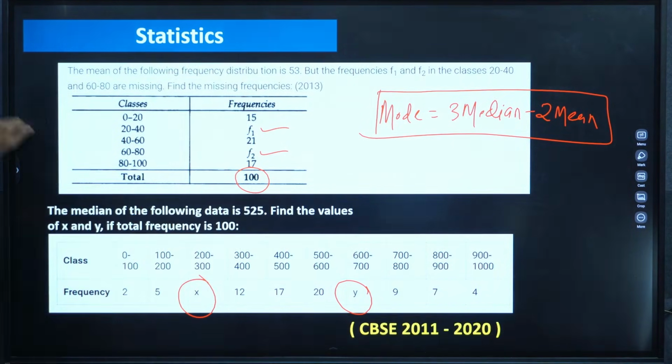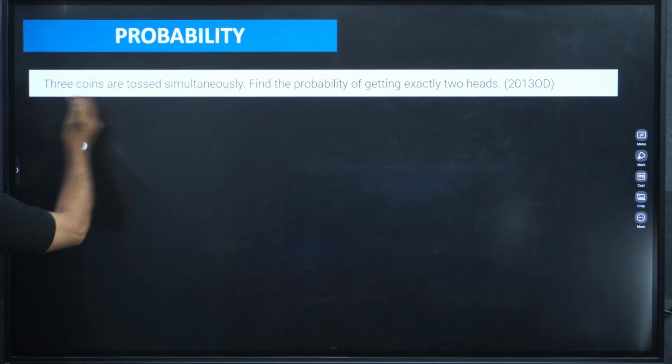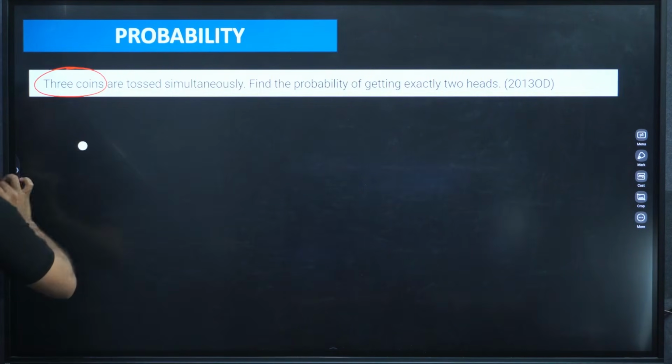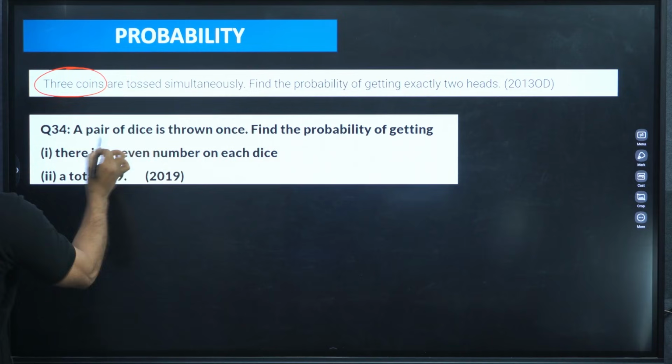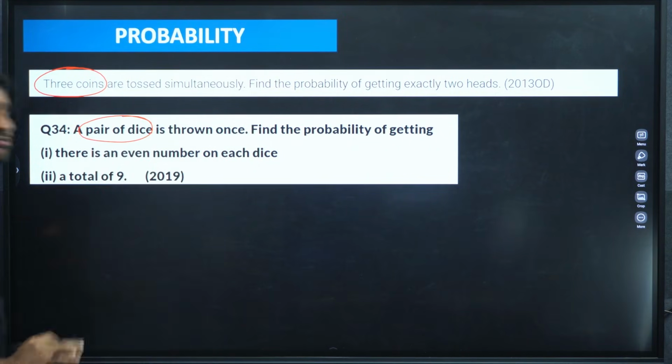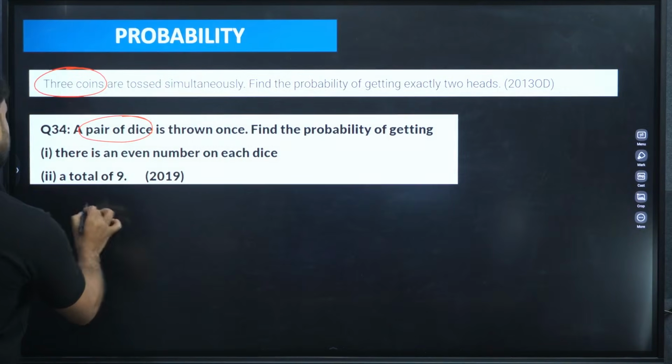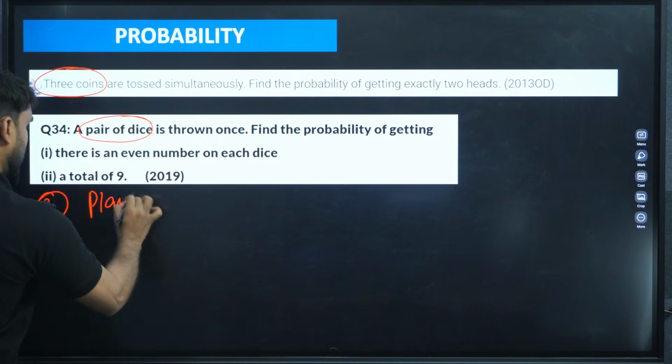Moving to the next, probability. In probability, the three coin concept comes up, and a pair of dice, meaning 2 dice questions, generally come up. And one more important thing, the third one, is playing cards.